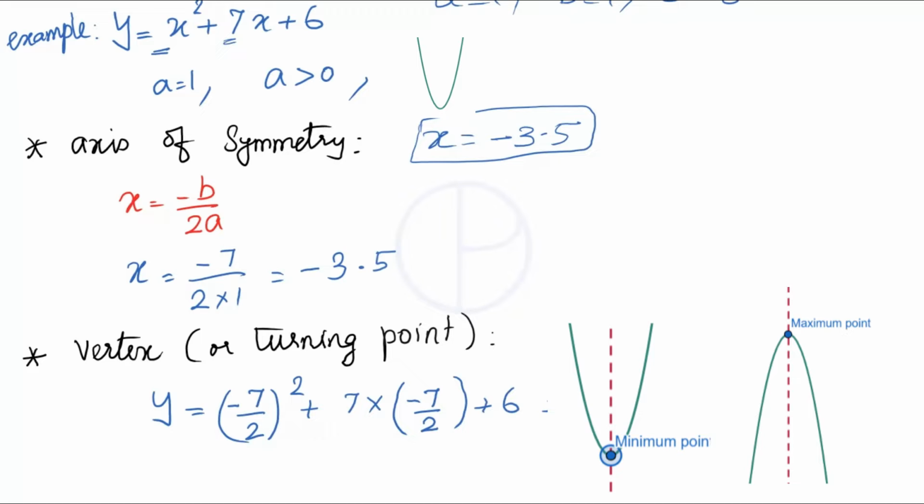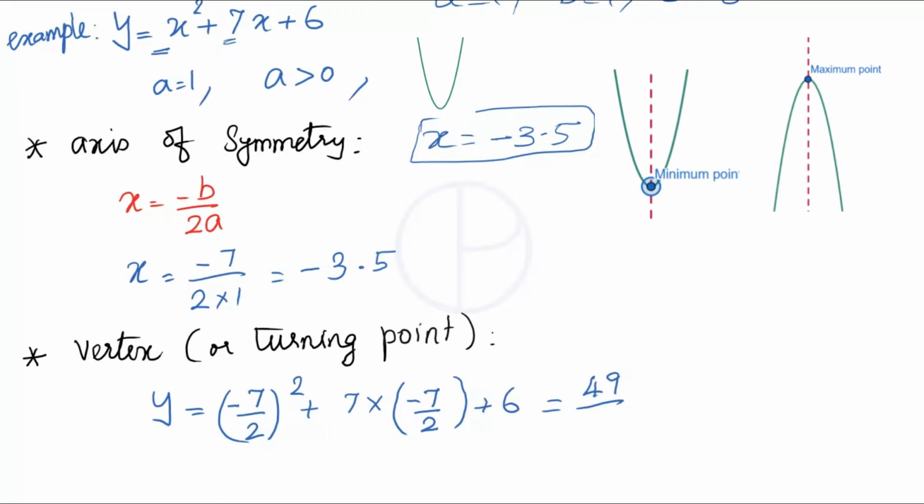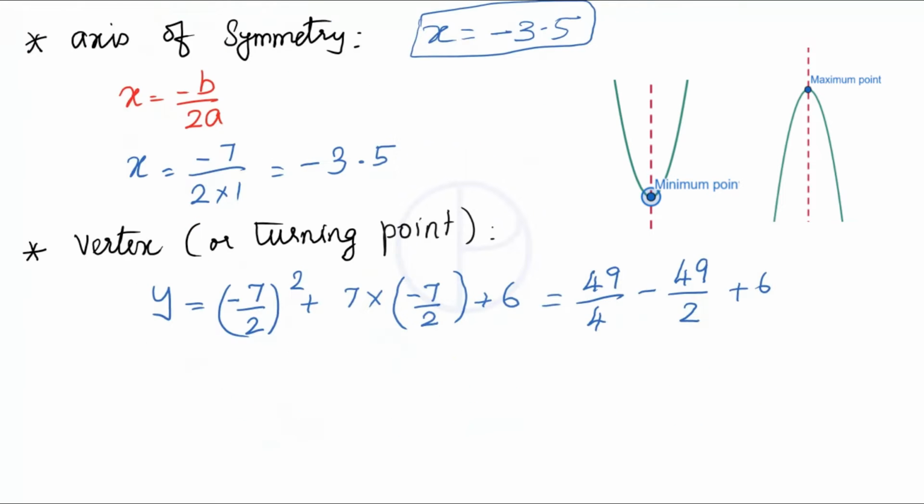Let's simplify this: 49/4 - 49/2 + 6. 49/4 minus 49/2 gives -49/4 plus 6.